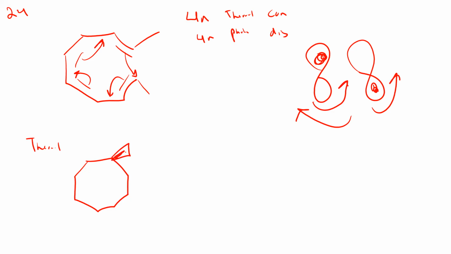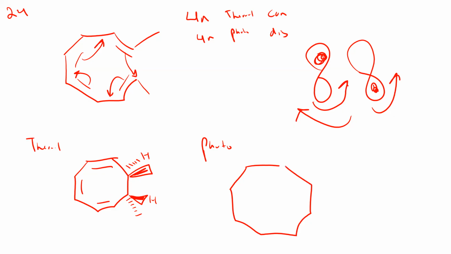I'm not the best drawer, but I try. It's in the wrong place. And then you just have to make sure you have all your double bonds. And then the photochemical product, same thing, except for the methyl group and the hydrogens will be displaced a little different.